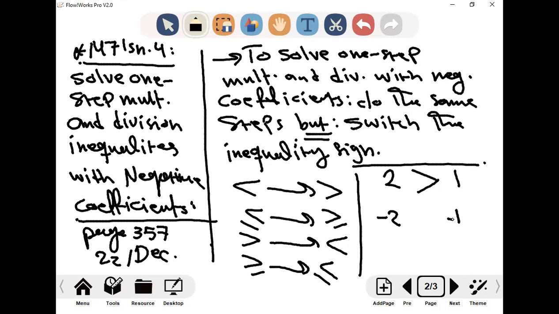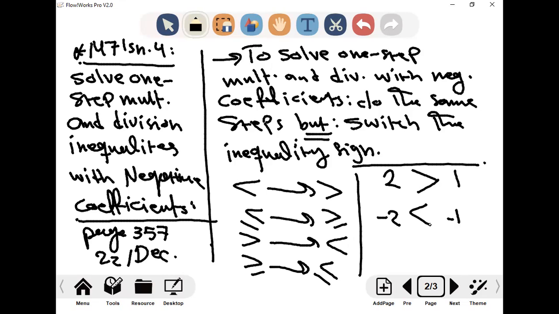Which is bigger now? The negative 1. See? We switched. So if you multiply or divide both sides of the inequality by a negative number, switch the inequality sign.